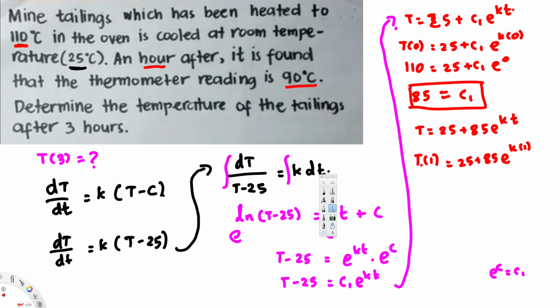And this is provided, that is 90 is equal to 25 plus 85 e power k. Now if I bring this 25 to this side, 90 minus 25, that's going to give us 65. That is equal to 85 e power k. Therefore e power k is equal to 65 divided by 85.